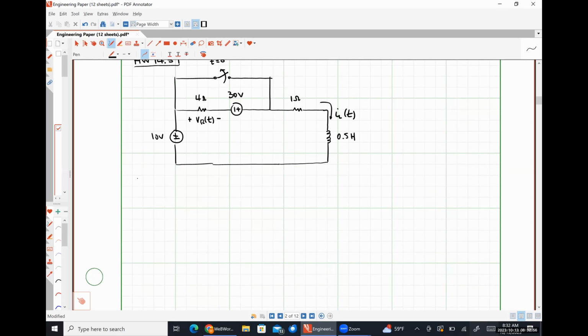So our first step is going to be analyze the circuit at t is equal to 0 minus. Okay? So at t is equal to 0 minus, is my switch open or closed? Closed.